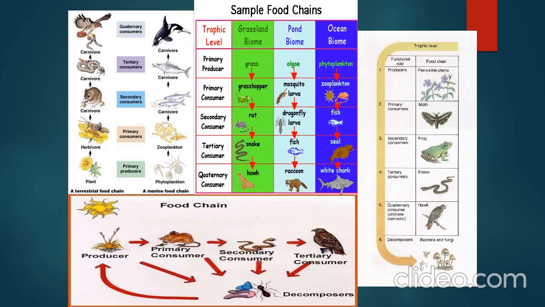You can see here, this is the primary producer, then primary consumer, then secondary consumer, then tertiary consumer, and then quaternary consumer. That we have done in food chain. We are not talking about food web still. Simple food chains, again here different examples, and ultimately the decomposers.